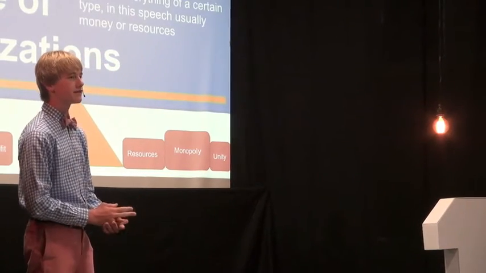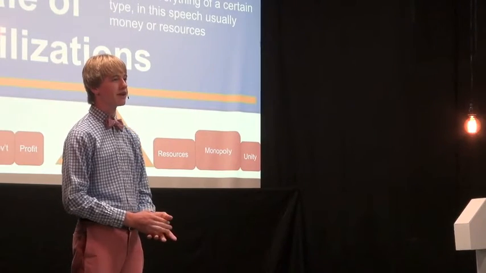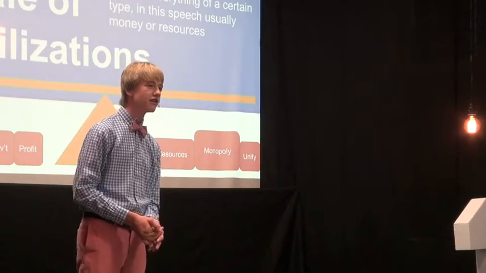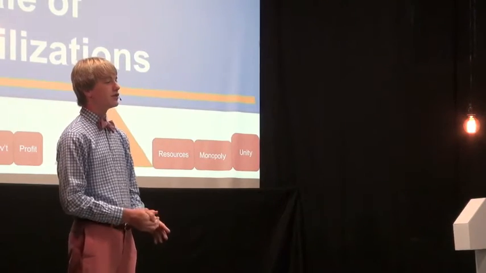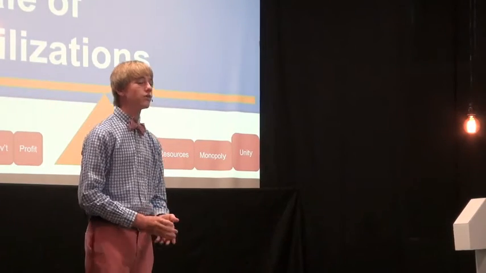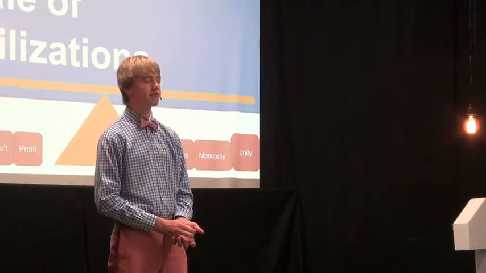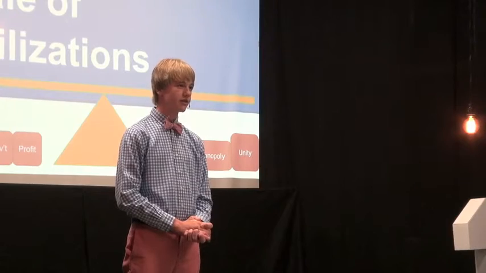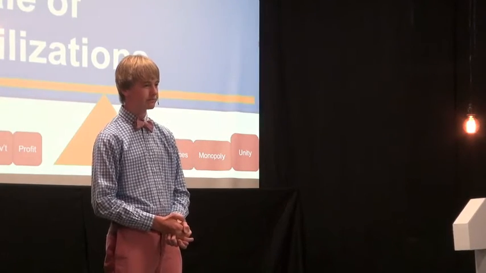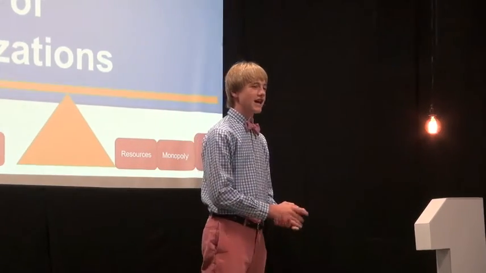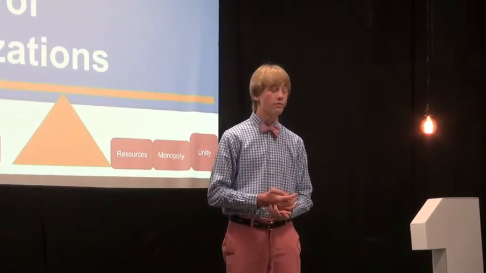Monopolies are related to resources in the way that if not everybody has enough, it's usually because there's a monopoly in the way. Lastly, there is unity. Unity, my personal favorite, is when a people are cohesive as a country, when the population is proud and patriotic. Unity is important.